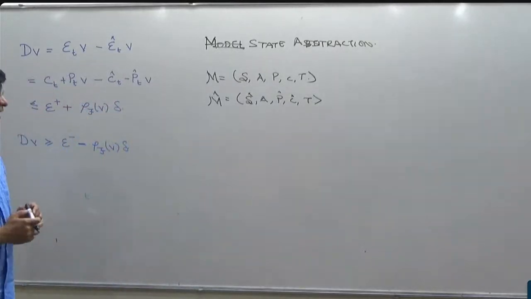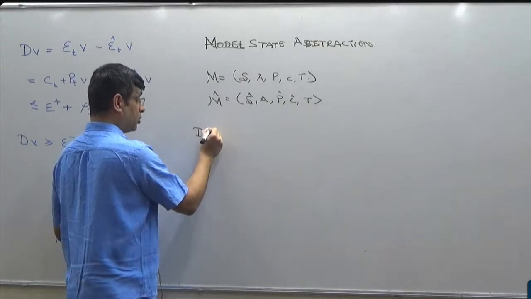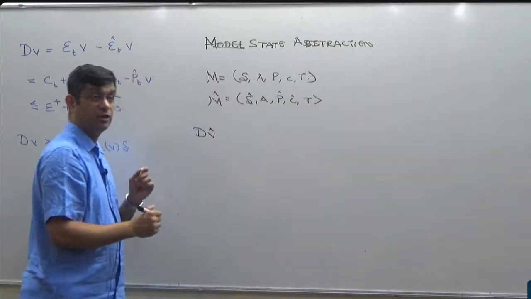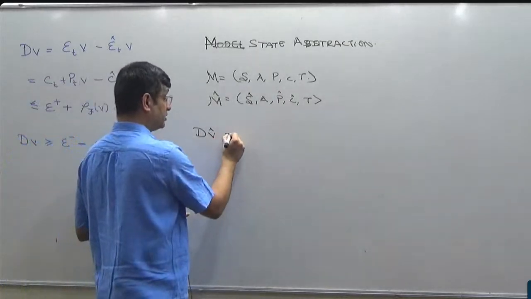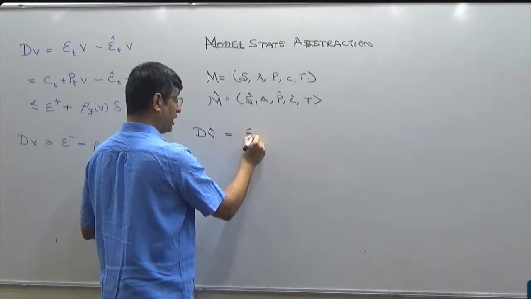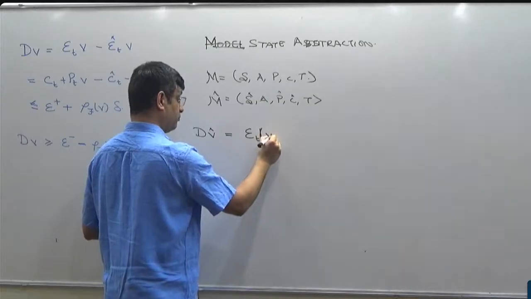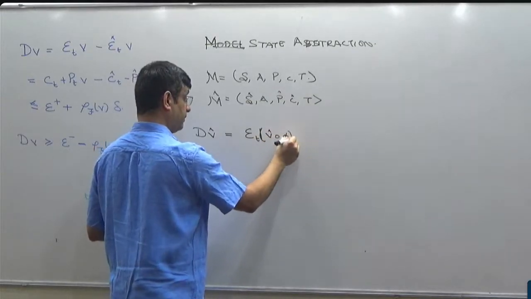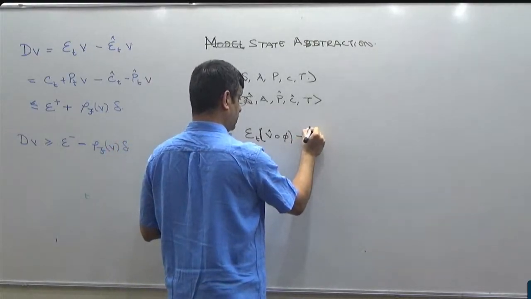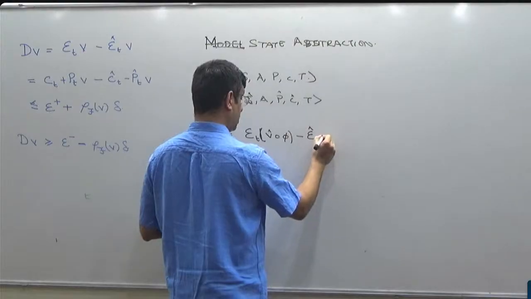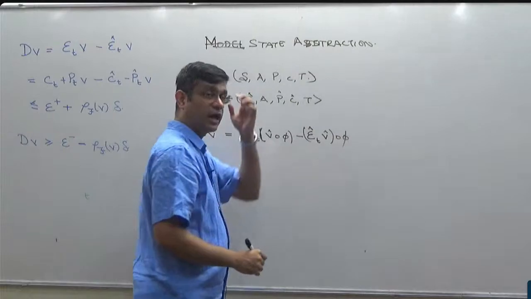In this case, the mismatch operator that we had defined took a hat value function and gave me a true model function. This was equal to the dynamics of the true model applied on V hat composed with phi, minus the dynamics of the hat model applied on V hat, and doing a piecewise constant extrapolation of this.